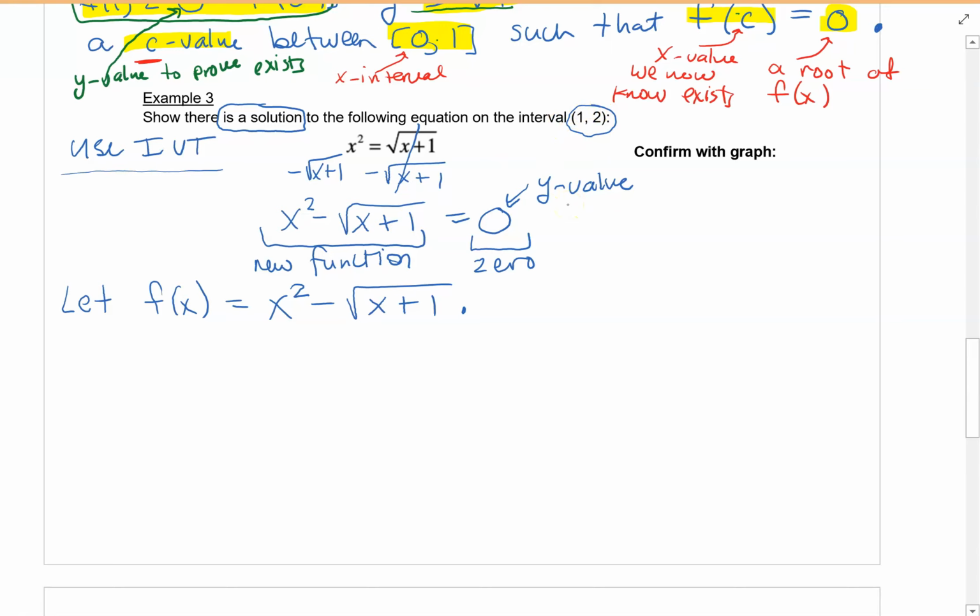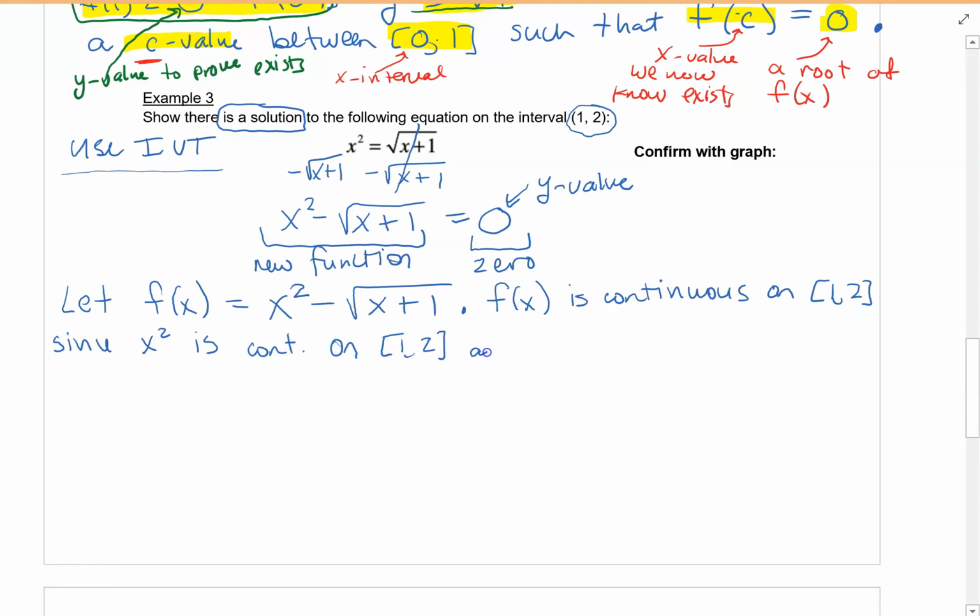So this is what we say. We'll say f of x is continuous on the closed interval from 1 to 2, since x squared is continuous on the closed interval, and the square root of x plus 1 is continuous on the closed interval.